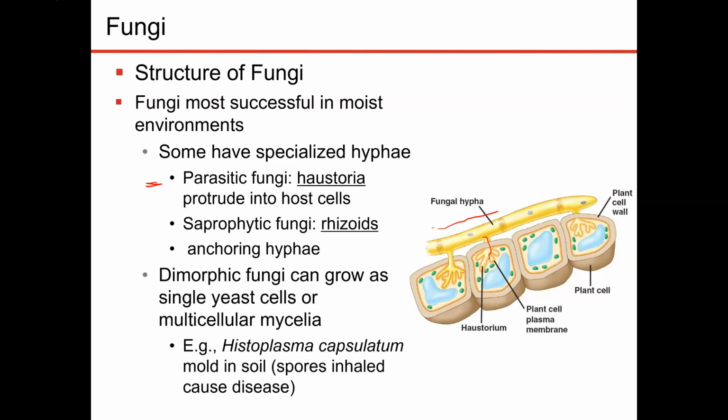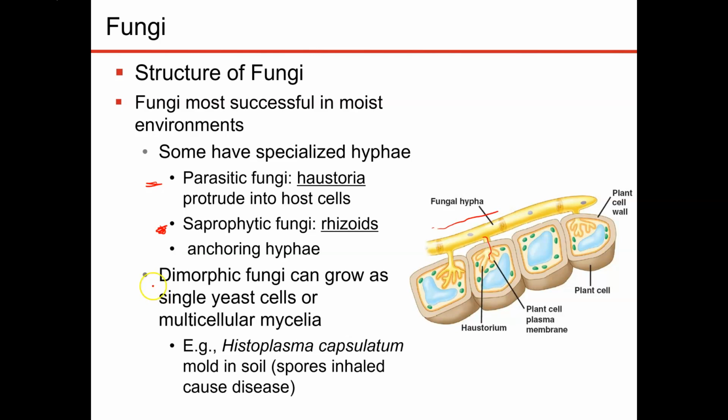So that would be a parasitic type of fungi. Other specialized fungi produce rhizoids. These are structures that are going to go inside of dead things. So they're still going into cell structures, but these are dead, and they allow them to hang on and eat the materials that are decaying.